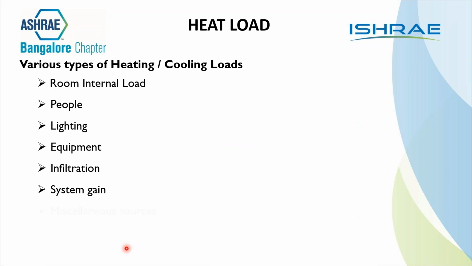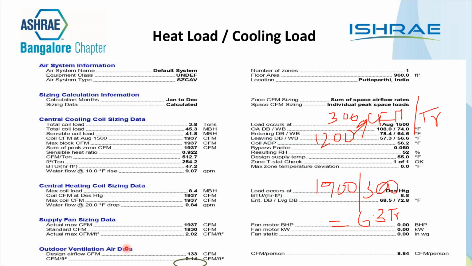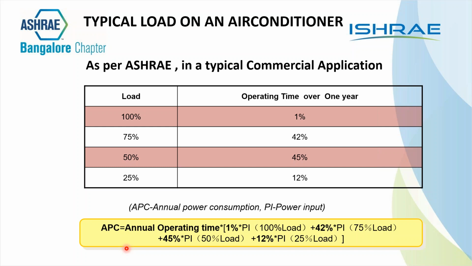Now, if you look at this here, 75% of the time you have 42% load and 50% of the time you have 45%. That means 87% of the time your load is anywhere between 50 to 75%.